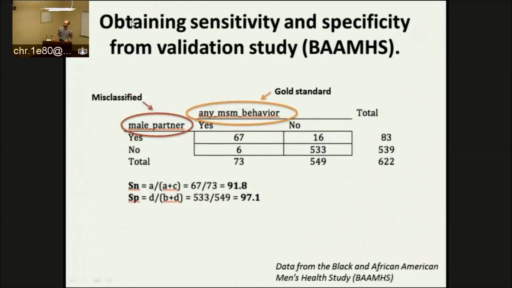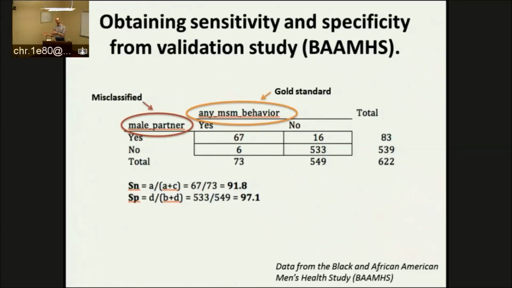This one was for male partner, but I probably should have put the sexual identity one up here because our sensitivity on that was like 70% or so. The reason may be that you could either not disclose that you are gay, because identity is all how you identify.